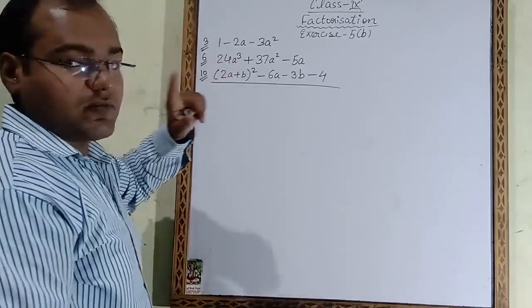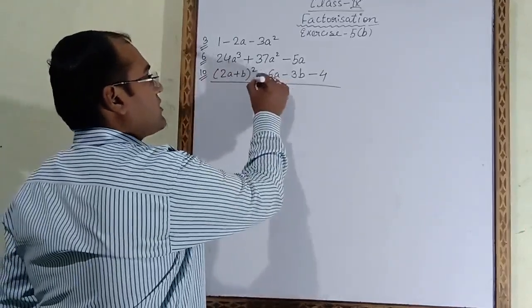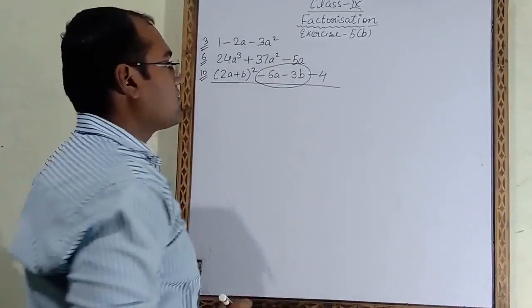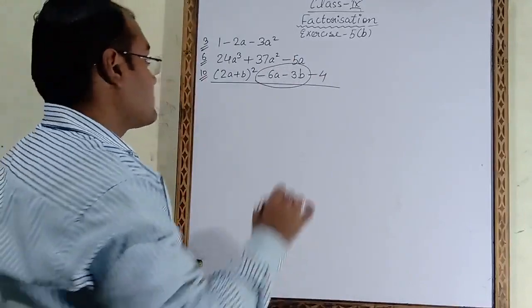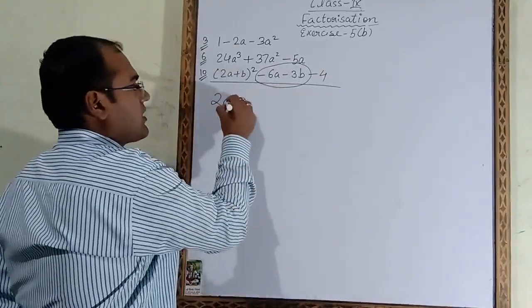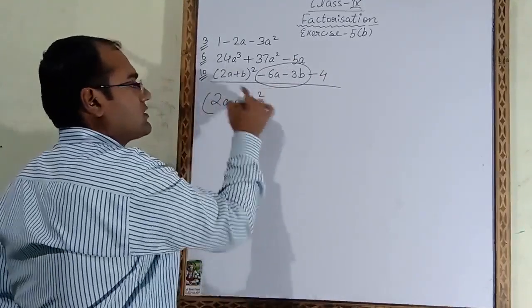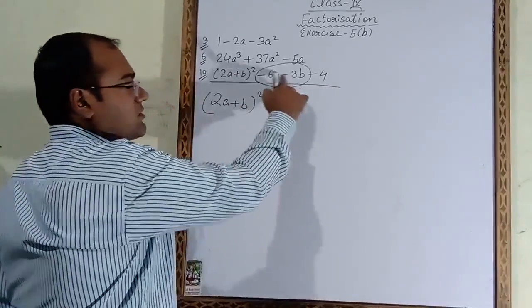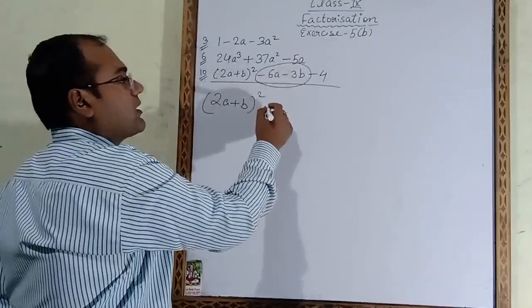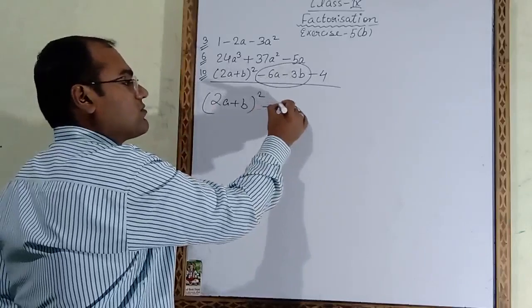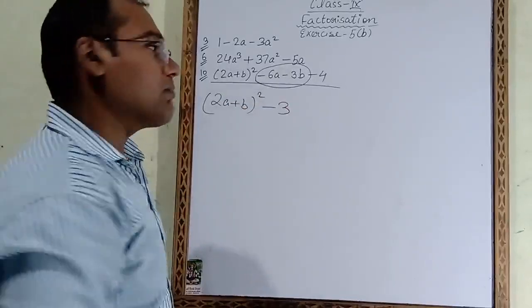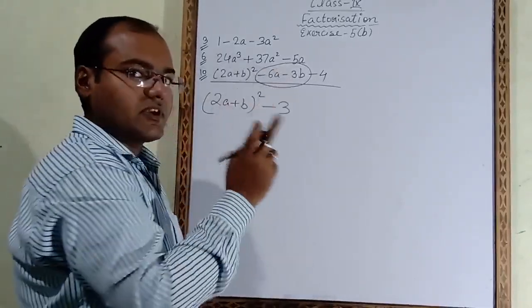Here if we will observe carefully, from these two terms we can take 3 common. This one we have to write as it is. From these two terms, if we will take 3 common, sign also we will take, minus 3 we will take, minus sign is coming in both, so minus also we will take common.